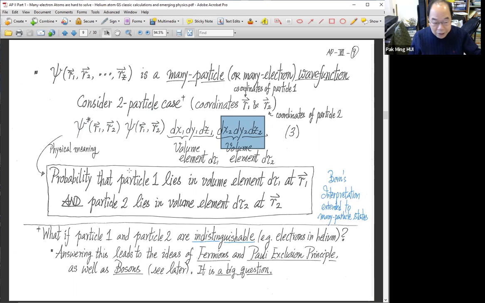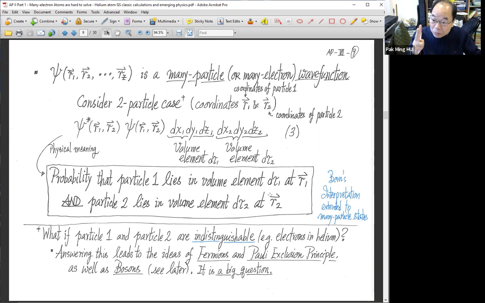It's the probability of finding particle number 1 at R1 in a tiny box, d tau 1, and particle 2 at R2 in a tiny box, d tau 2. So you see, it's a very natural generalization of Born's interpretation of a single electron wave function to a many electron wave function.